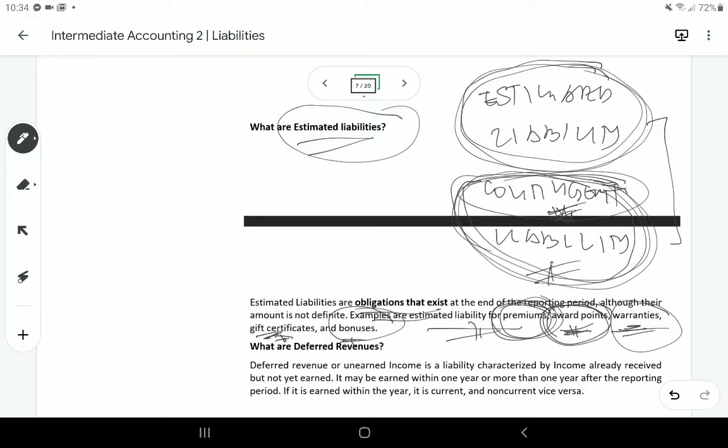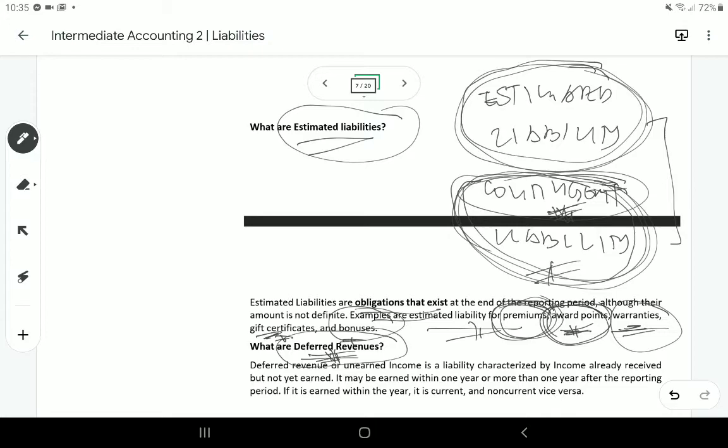Now, next is what are deferred revenue? Okay? So deferred revenue, alam ko na medyo familiar na kayo nito. Basically, in essence, 'di ba? These are income already received but unearned. So this means na-receive na natin yung pera pero wala pa tayong service or sales na na-provide.